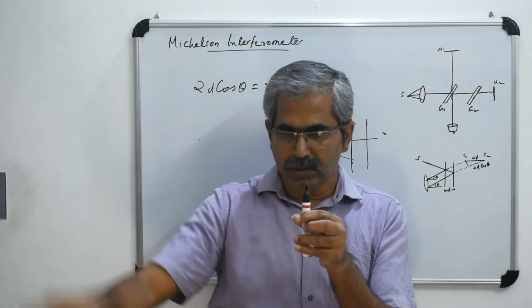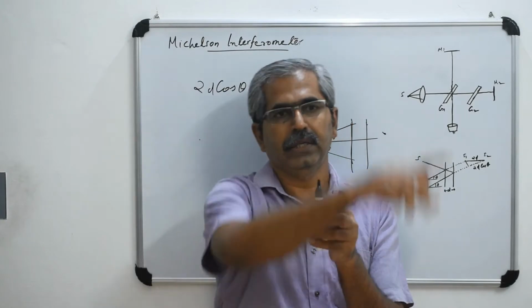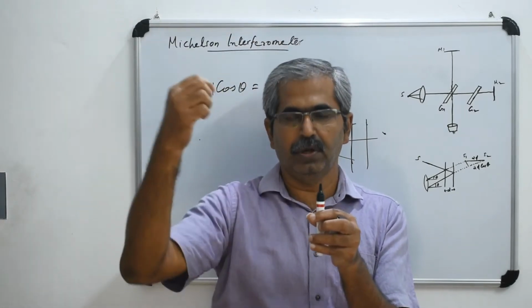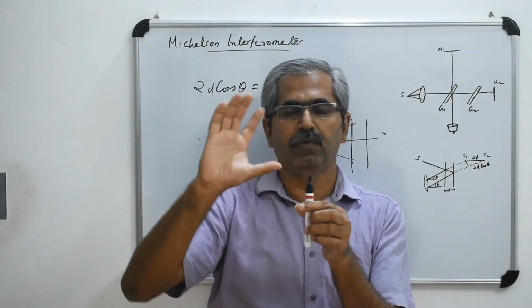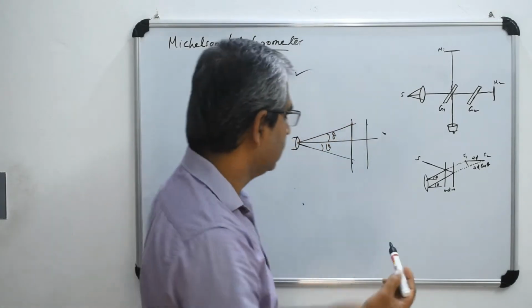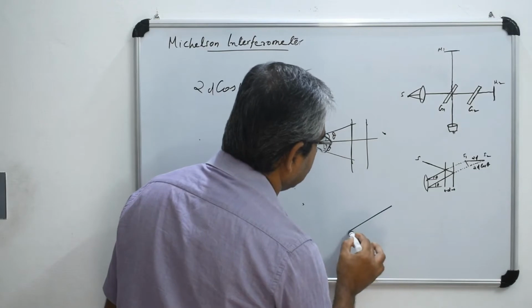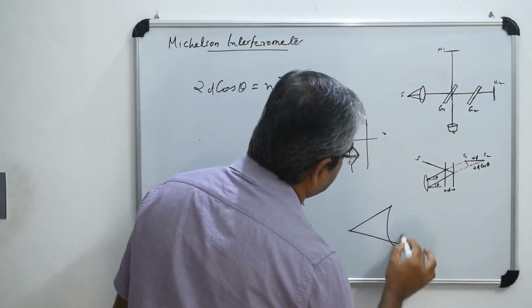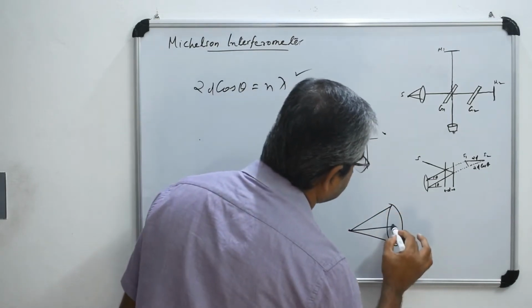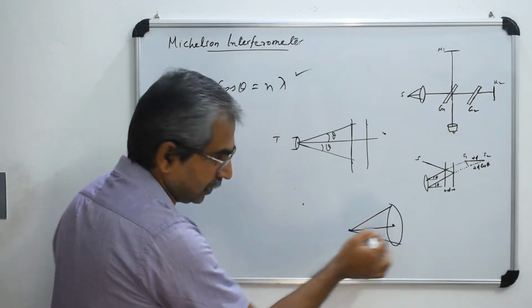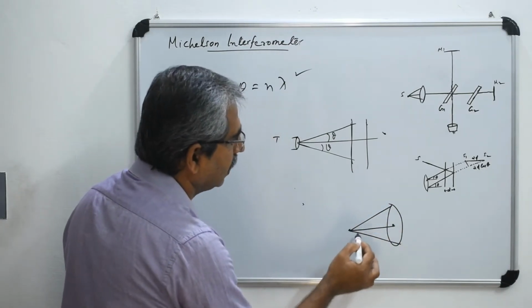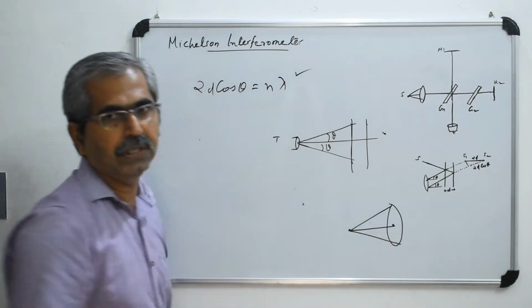So we can have a circle, and if you draw a line from the circumference towards you, always the angle will be the same. That means it is something like a cone. This is the center, and from this circumference, with you at the center, it is a cone. This is the vertex, so the angle will always be the same.